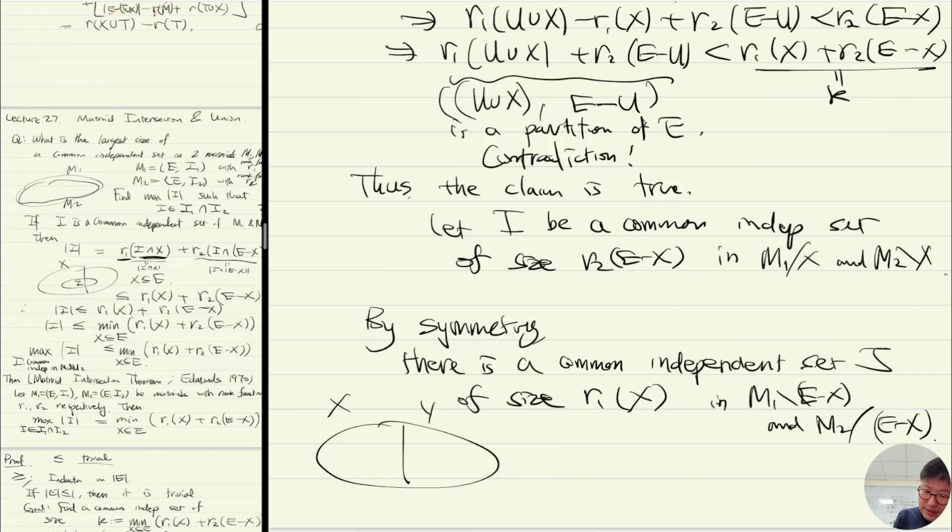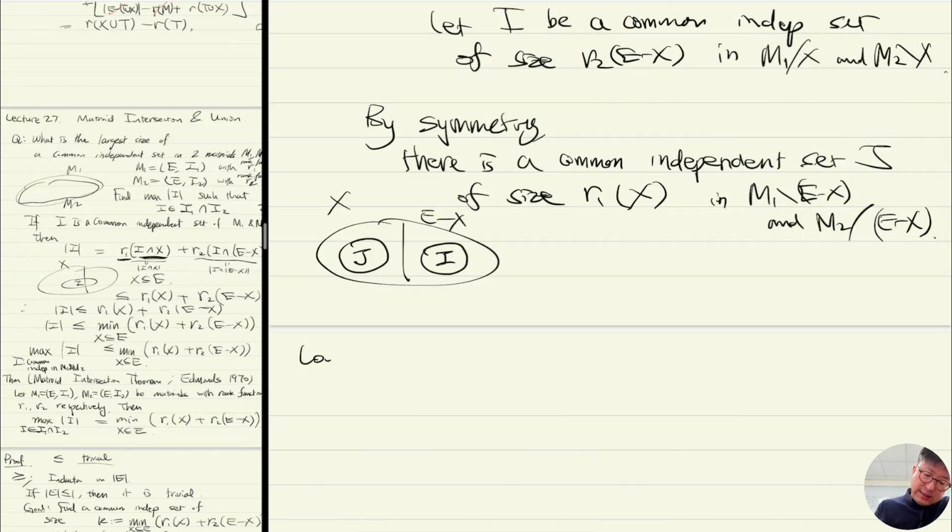Here's X, and not Y, it's the complement. I is here and J is here.